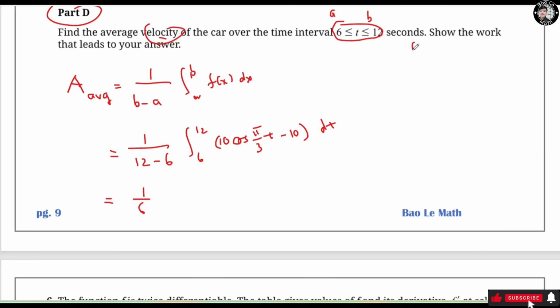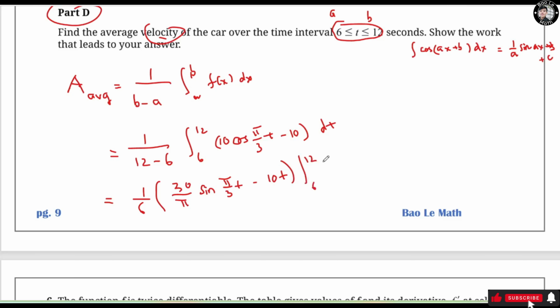Remember, the antiderivative of cosine of (ax plus b) dx is going to be 1 over a sine of (ax plus b) plus c. So keep that in mind. So this turns out to be 1 over pi over 3, which is 3 over pi, times 10, which is 30 over pi sine of pi over 3 t, minus 10t evaluated from 6 to 12.